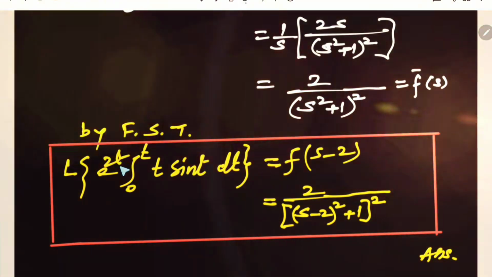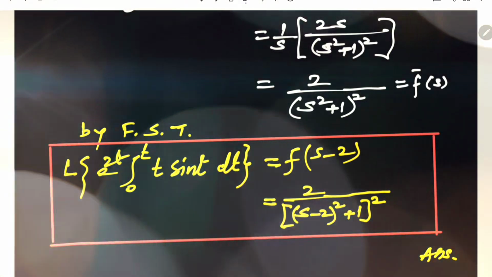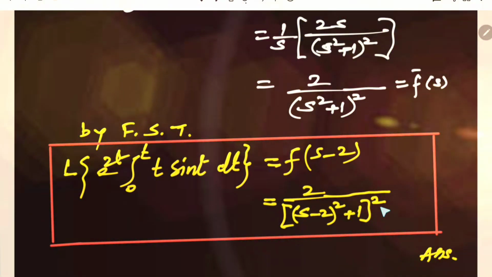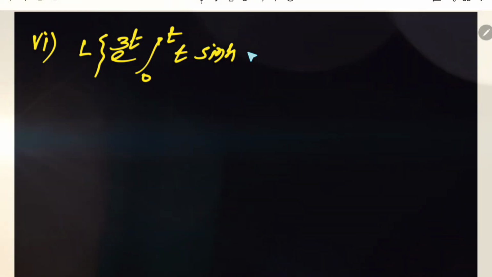And then last example, find Laplace transform of e raised to 3t integration from 0 to t of t sine hyperbolic 2t.